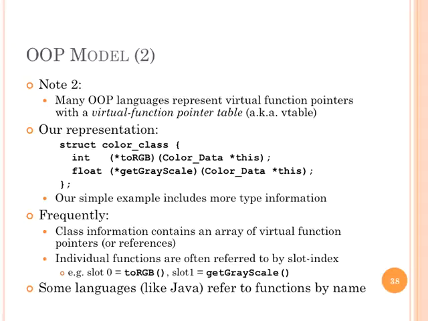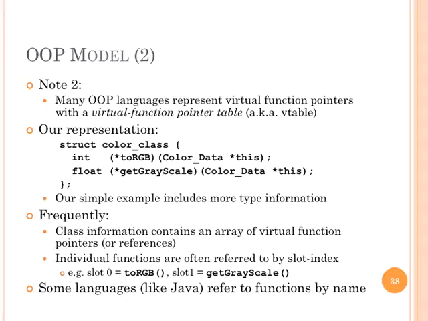Maybe you've heard people say, well, when I compiled the new version of this library, it broke backward binary compatibility. Part of that is the notion that when you call these things, you look them up by index. So if you have a new version of the code and you added more virtual functions, the old virtual functions should still be at the same indexes, so that code that depended on those indexes wouldn't now call some different function than the one they meant to call. Okay? So you have situations like that.